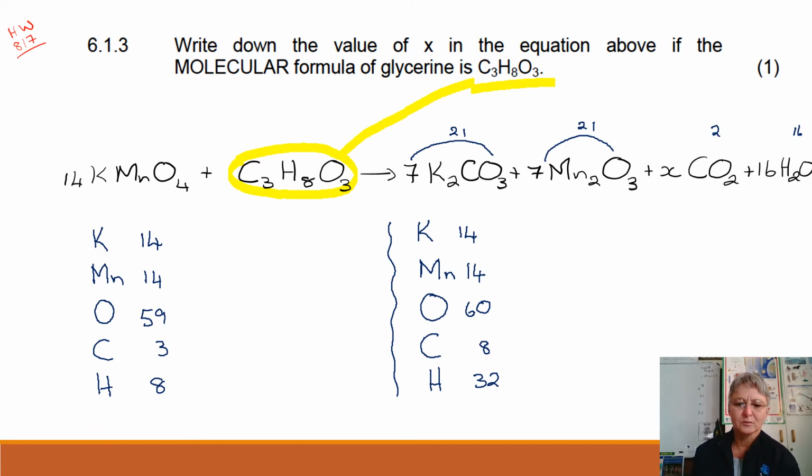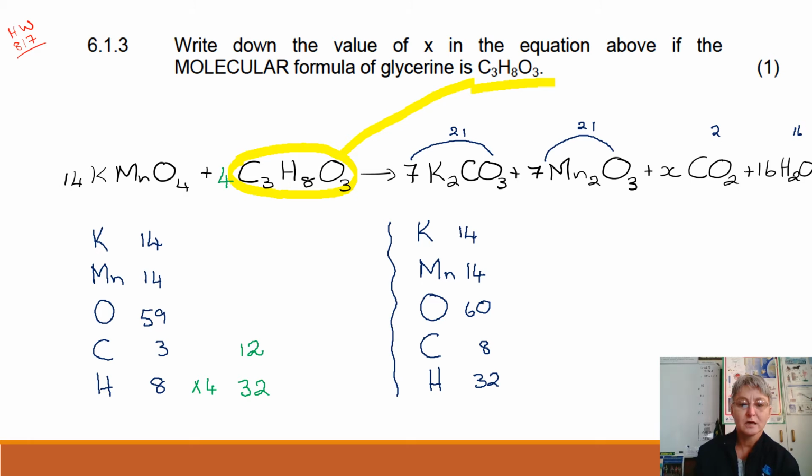Now we need to start the process of balancing. If I look at this, to multiply the number of hydrogens here by 4 would give me 32 to balance that. So to multiply the glycerine by 4 would change the hydrogens to 32. Now I need to re-look at the situation. 4 times 3 for carbon is 12.